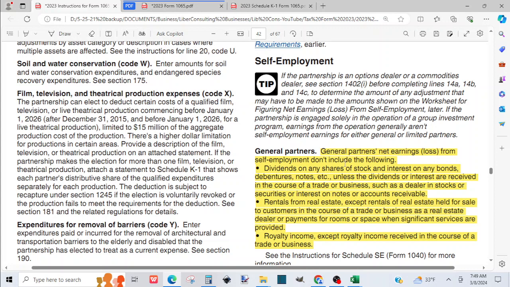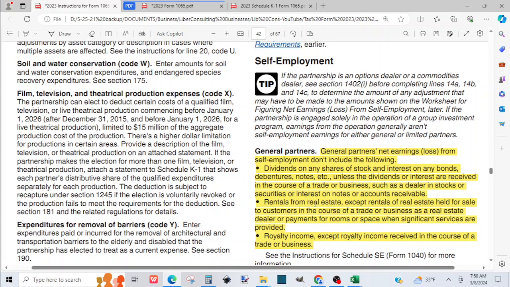Their net earning or loss subject to self-employment does not include dividends on any share of stock and interest on any bond, unless the dividend or interest are received in the course of a trade or business, such as a dealer in stocks or securities, or interest on a note or account receivable.